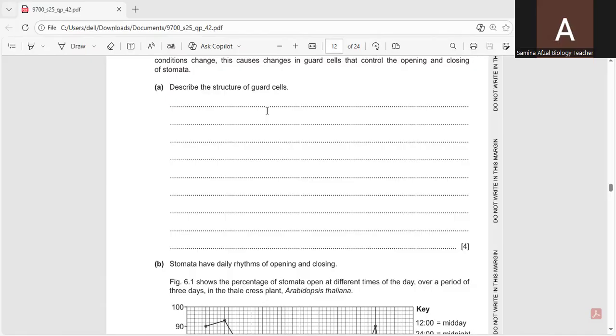So these are the different parts of the guard cells. First of all, I would like to start with the shape of the guard cells.